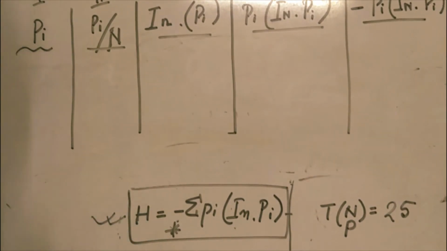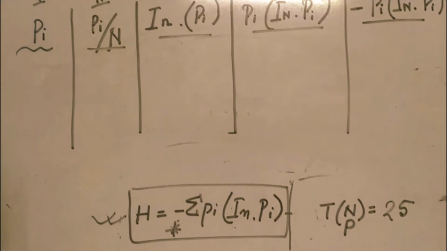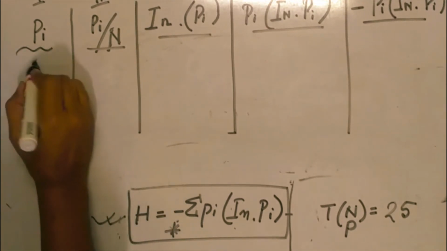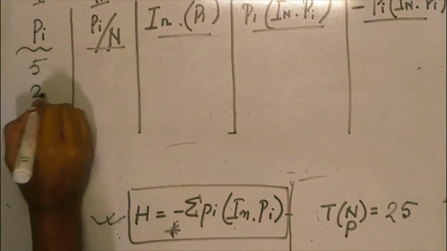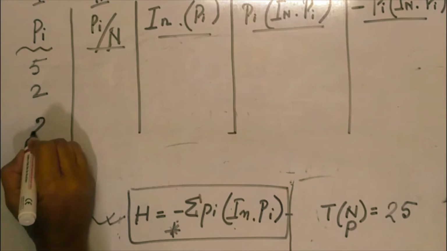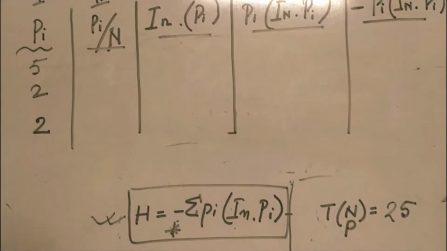For calculation of this one and this one, we have to separately take all these values. If this is 5, this is 2, this is 2.